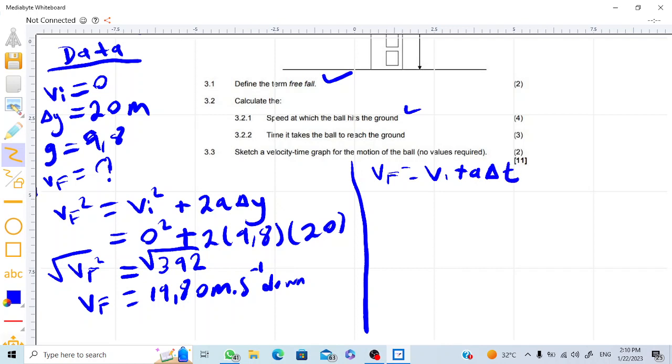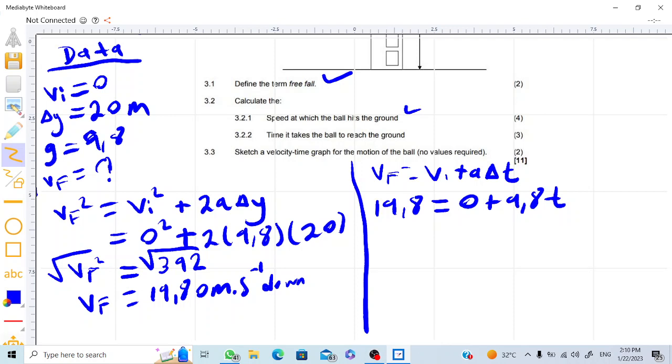Okay, now we are looking for time. We have acceleration, we have initial velocity, it was given as 0. We have final velocity, we calculated it. So final velocity is 19.8, which is equal to 0 plus 9.8 t.